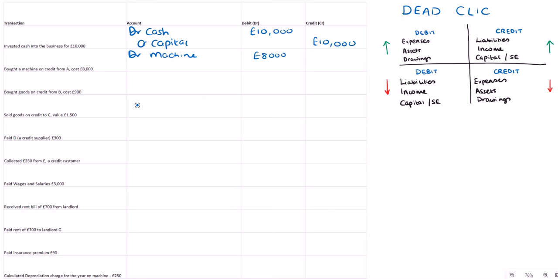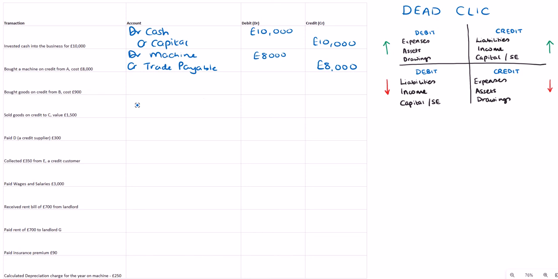The fact that the business has bought it on credit from A means the business owes A, and that's a liability. I'm going to increase my liability, and to do that, I'm going to credit. And we use the trade payable account, also known as the trade creditor account, for £8,000.